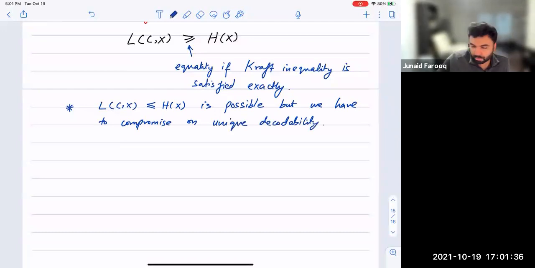Which is no good, because obviously we want a code that's uniquely decodable. Otherwise, what is the point of having the code? Because you may not be able to infer what was transmitted when you look at a sequence.